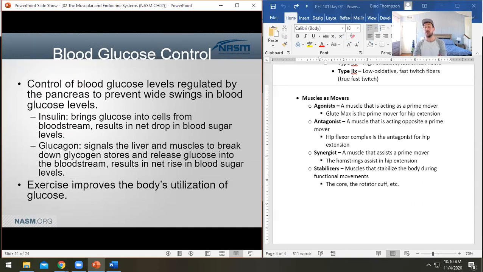So what's going to happen is your blood sugar is going to be crazy high. There's going to be all this sugar running throughout your blood, right? And so your pancreas is going to produce this hormone called insulin. And insulin is going to get released into your bloodstream, and that will pull sugar out of your blood and convert it either into fat or into glycogen.